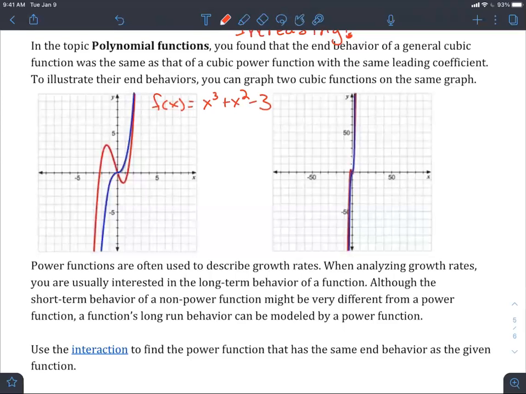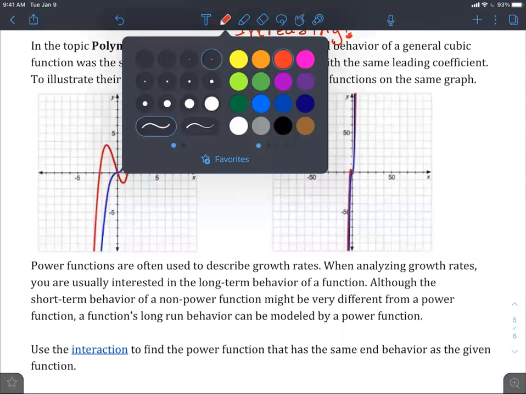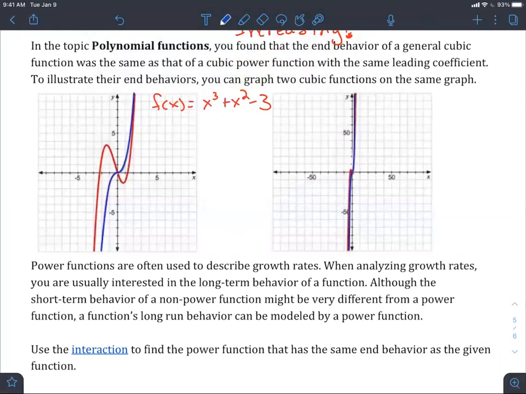Okay, so the red function is super complicated. And as you can see, there's definitely a relative minimum and relative maximum. We've got big curvature changes, very dramatic when we're looking at the zoomed in version. The blue function, on the other hand, is just x cubed.